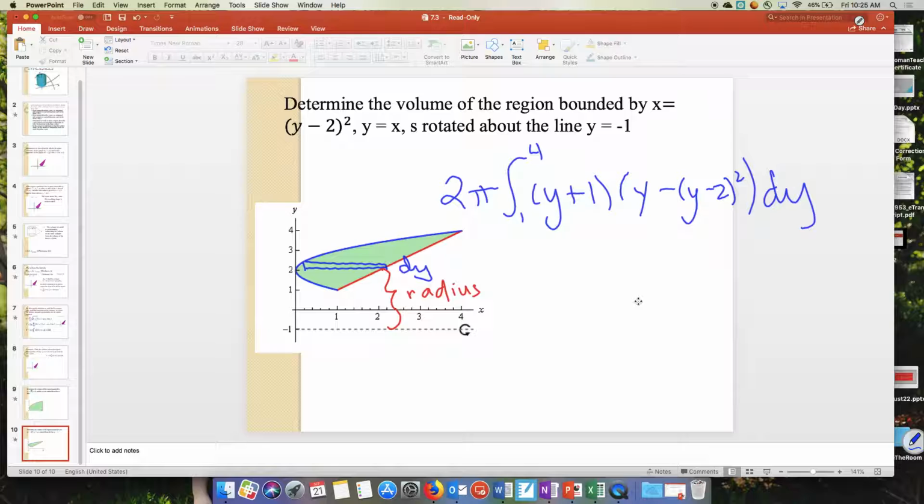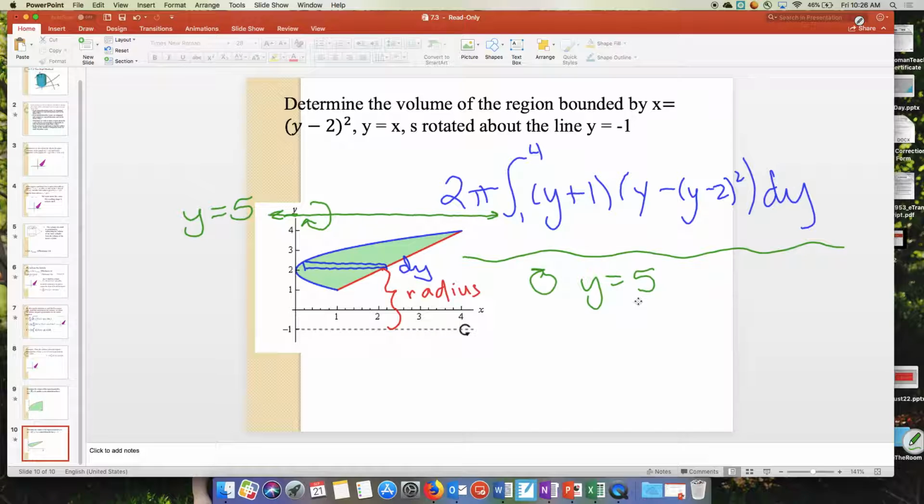Then let's talk about what if I changed it to y equals 5. If we change this to y equals 5, the only thing that's going to change is the radius. Do you agree? Okay, so I'm just going to take a moment to copy everything down except the radius.